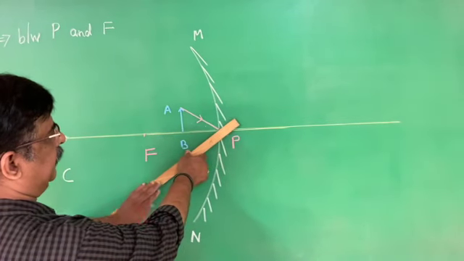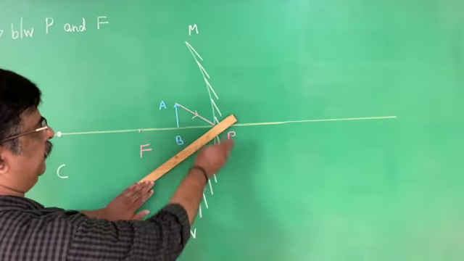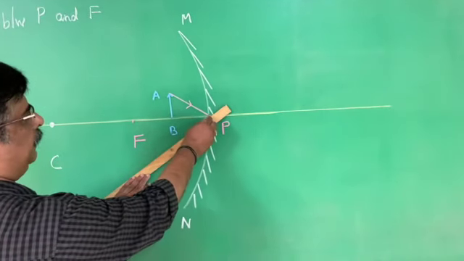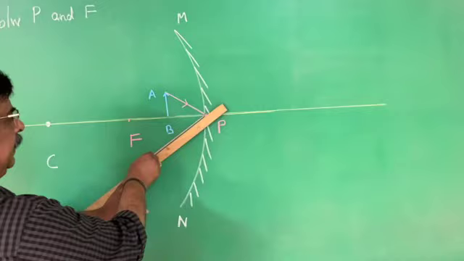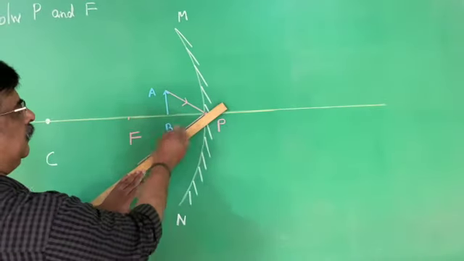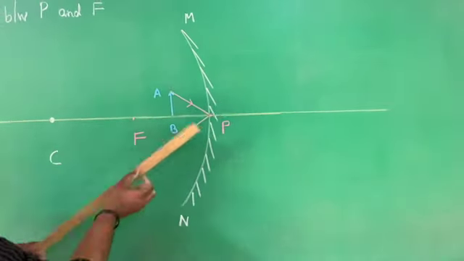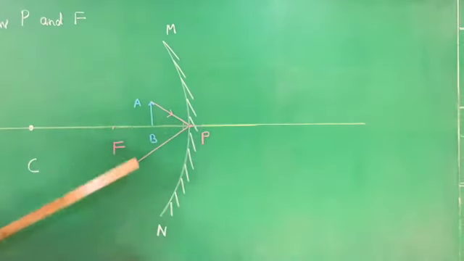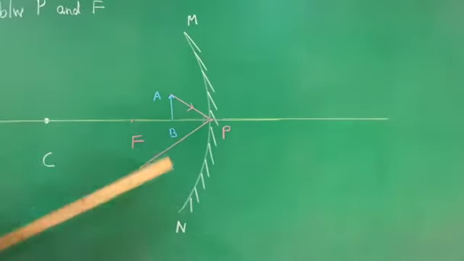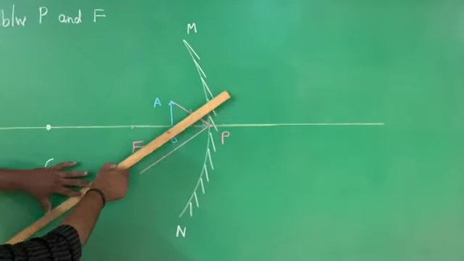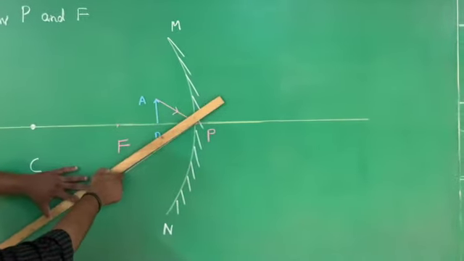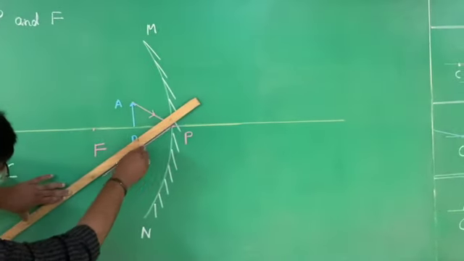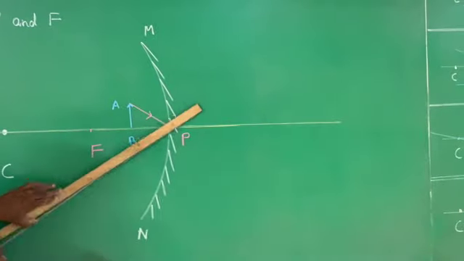Angle of incidence is equal to angle of reflection. Here, see, like this. These two angles should be the same. This angle should be the same as this angle. I extend this. This is the reflected ray.